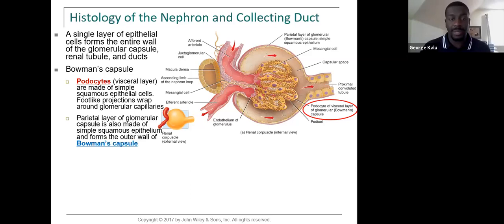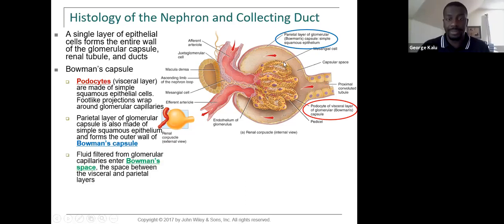Then we have the parietal layer here, which is just the walls of the Bowman's capsule. And that is also made up of simple squamous epithelium. And the space in between the visceral layer from the podocyte and the parietal layer from Bowman's capsule is called Bowman's space.